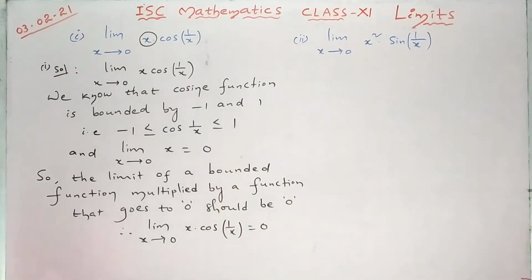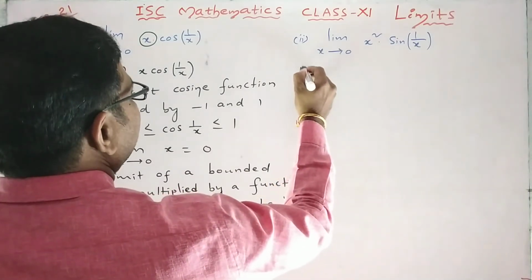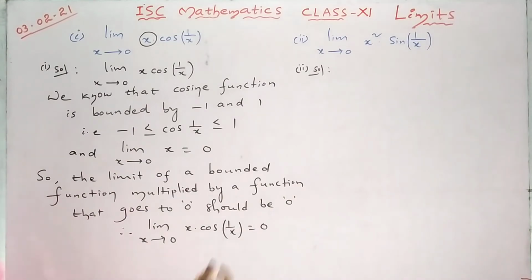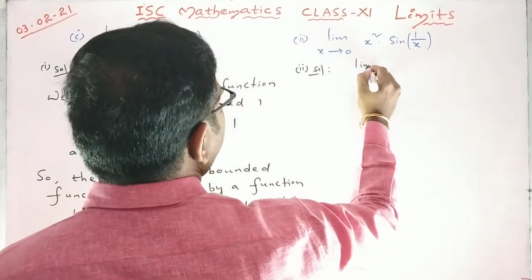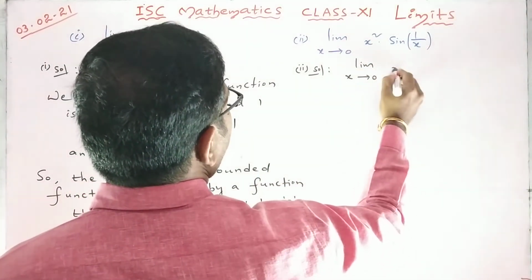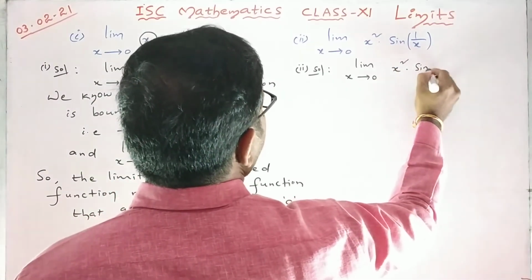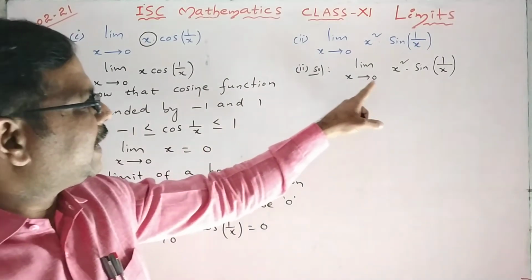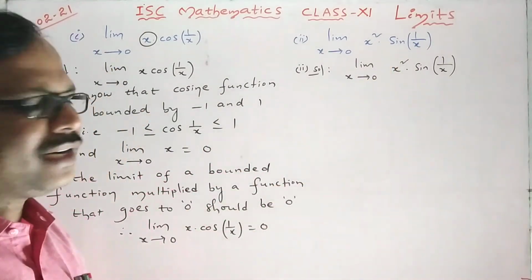The same way we can write here also. Second one, instead of cosine function we write sine function. Simple. So limit x tending to 0, x square sine 1 by x. Here also same. As limit x tends to 0, x square value is 0.